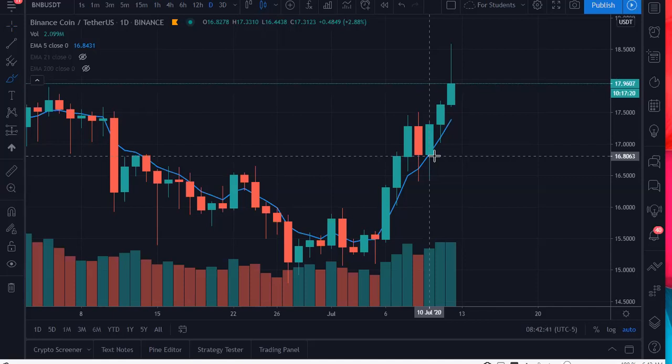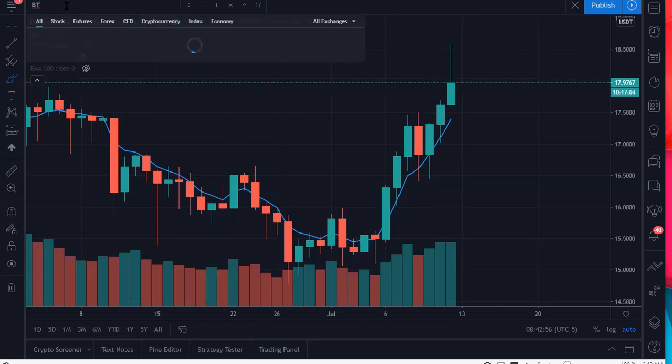Let's take a look at this. This is very interesting. So this is dumping pretty hard. Let's actually take a look at Bitcoin very quickly.